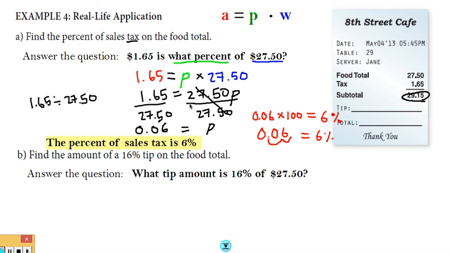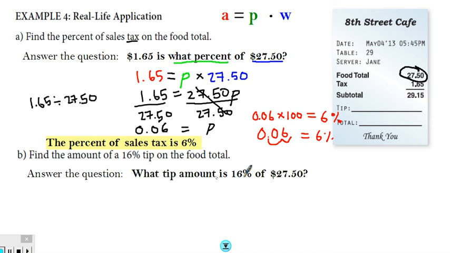And I'm sorry, I circled this one, the $29.15. When you pay for the tip and the tax, you always have to use the food total. Some people make a mistake, but don't do that. Don't pay a tip from this amount because that means you're paying more in tips. You are paying it from the food total, not the final total.